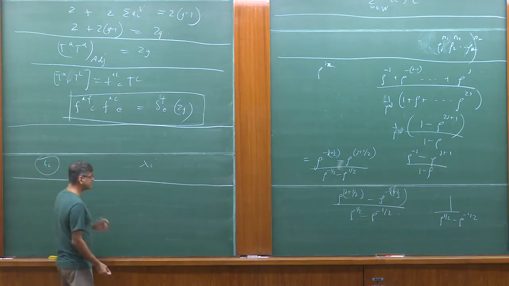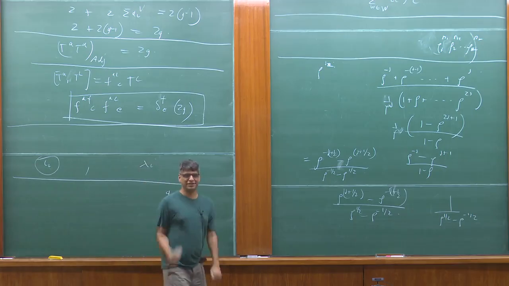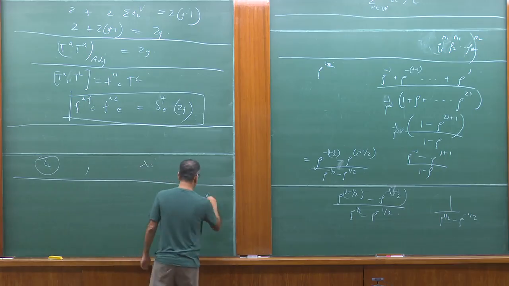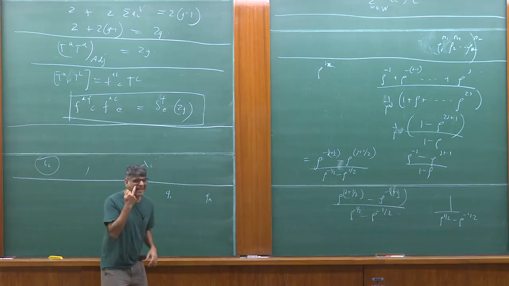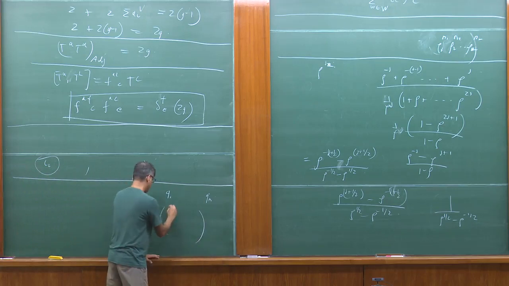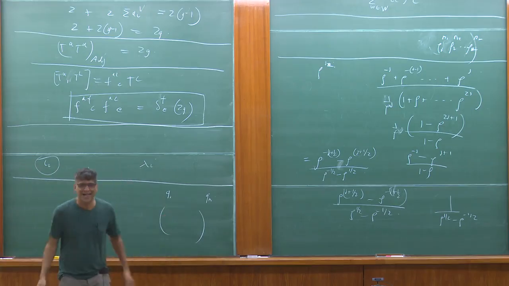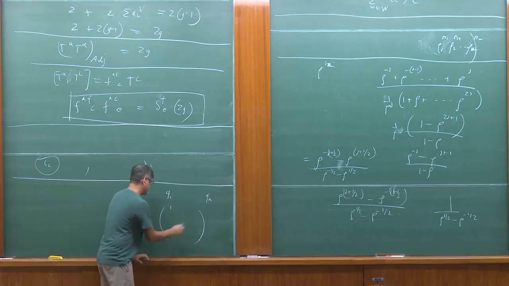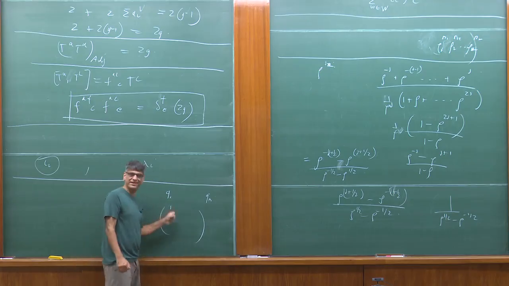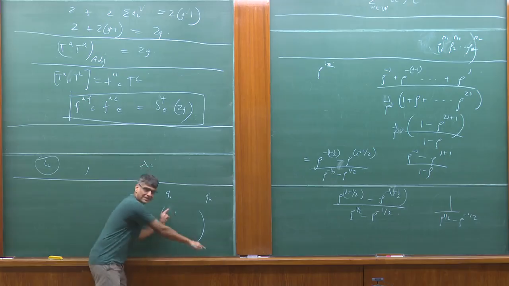First I'm going to define n chemical potentials, Q1 to Qn, such that Q1 is the fugacity for, fugacity is the right word, this matrix, the diagonal matrix with just one in there. Q2 is the one with this entry, Q3, and so on. So there are n of these.